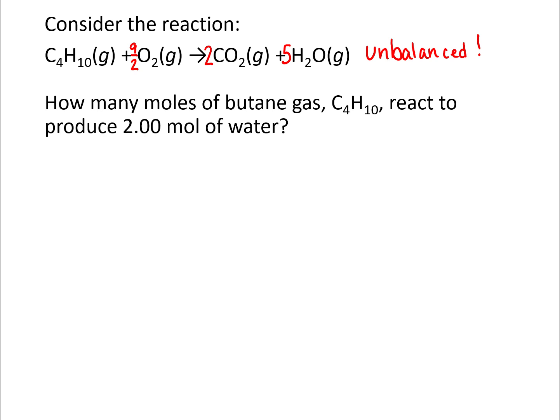So if you were struggling on this one, I would encourage you to write down this equation so that you can do the problem. From here, it's just a simple mole to mole question. We are asked about how many moles of butane we need to react to make 2 moles of water.